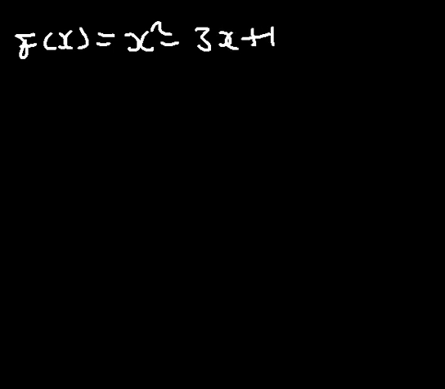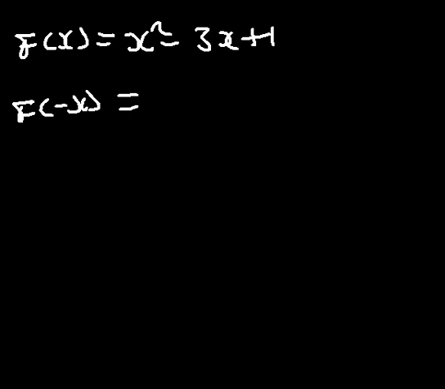And what if we have the same function f of x equal to x to the power 2 minus 3x plus 1. Now you have to evaluate what f of negative x is in this case. So how do you think you should go about this function? Now negative x is the input of the function. So where there is x, I'm going to put negative x.